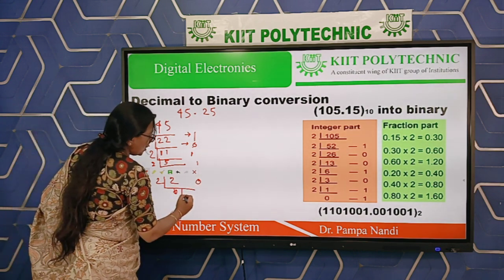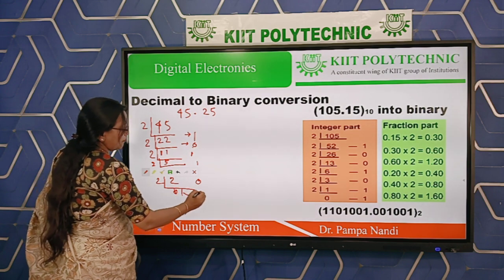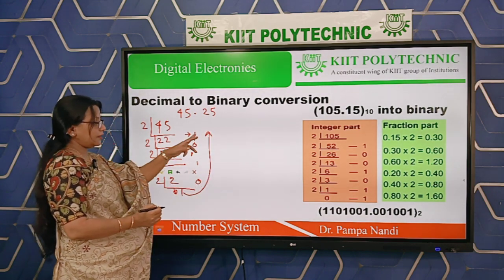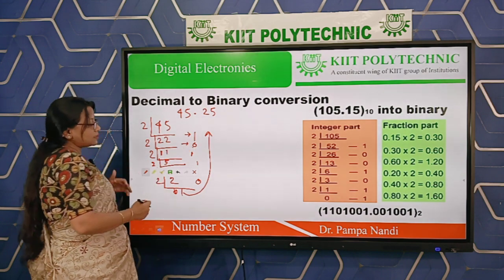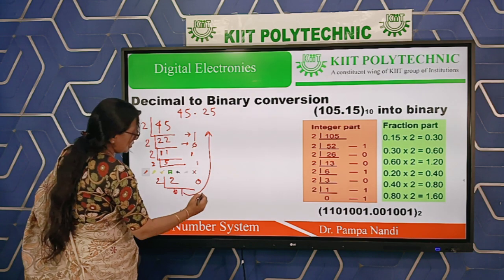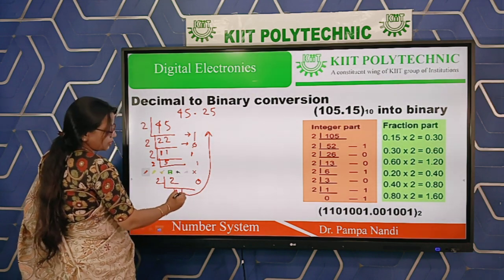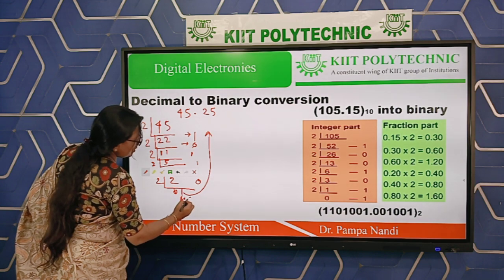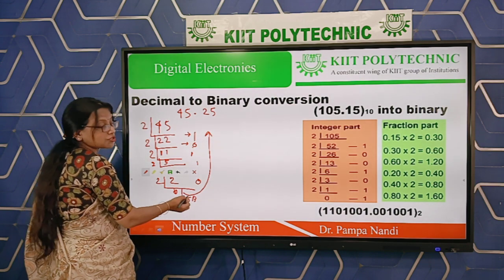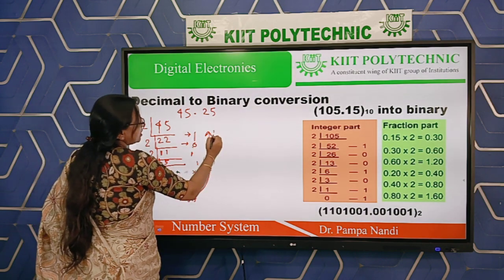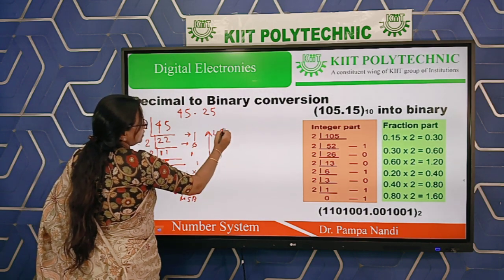Now how we are writing the value, like we are starting from here and going to there. So what is the equivalent of 45 of decimal in binary, that I am writing here. We are starting from here. This position is called MSB, most significant bit, and the last one is the least significant bit, LSB.